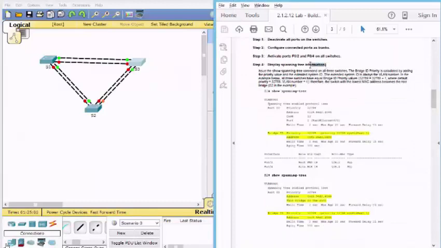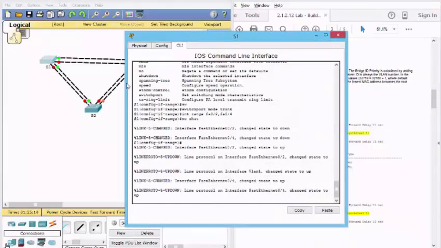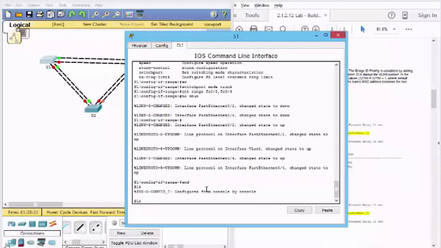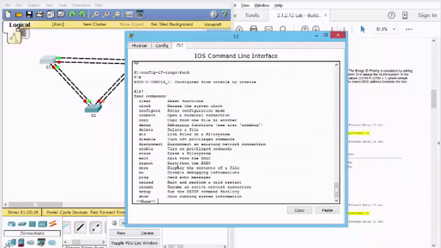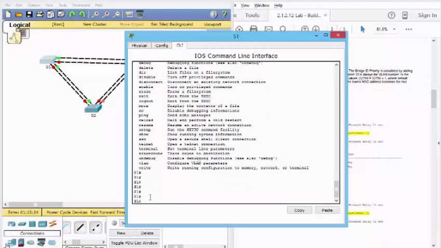Now display spanning tree information by using the show spanning-tree command. So we go to switch S1 and go to the privileged executive mode. We can do a question mark, or we can use the show command, and then we hit a question mark.